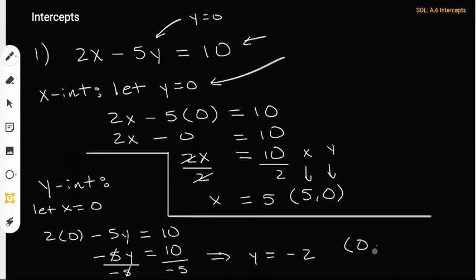So when I write my ordered pair, I make it 0, negative 2. Keep in mind that y is negative 2. That's what we solved for. But the x value is 0, and that's because we already assumed over here that x was going to be 0 before we even started. So that's how to find the x-intercepts and the y-intercepts. Okay, let's look at number 3.